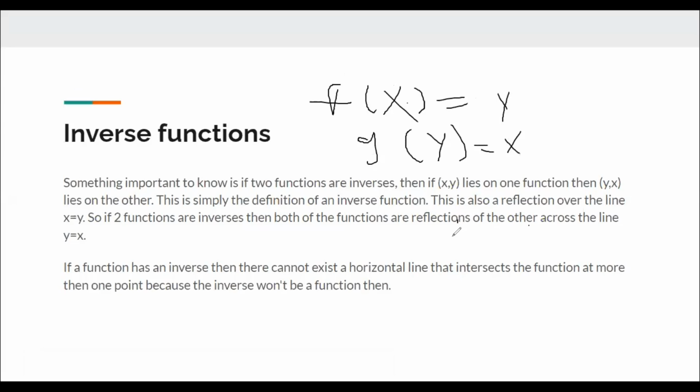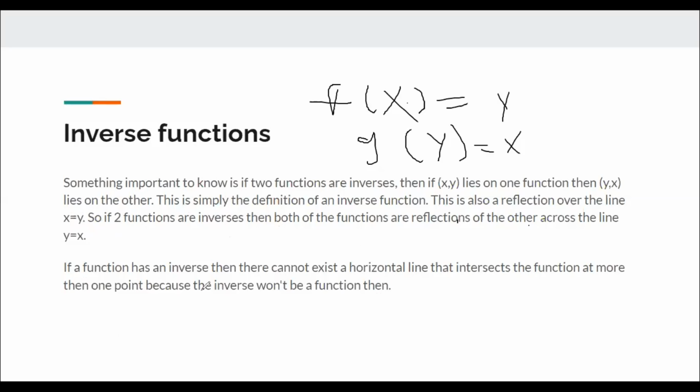Some of you might have seen this, but since x comma y lies on one of them and y comma x lies on the other, this is simply the definition of an inverse function. And this is also a reflection over the line y equals x. So that's something really important to notice: if two functions are inverses, they're simply reflections of each other across the line y equals x.